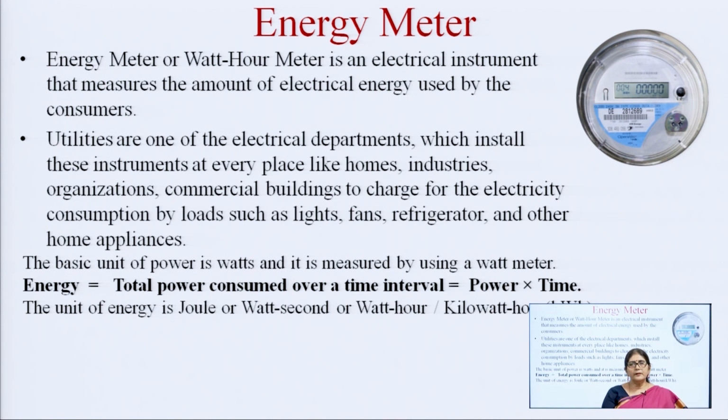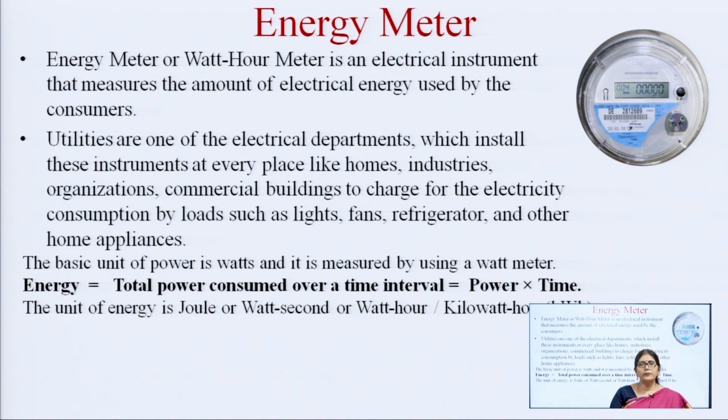The difference between the wattmeter and the energy meter is that in an energy meter, the energy is calculated from the total power consumed over the time interval, that is, power into time. In a wattmeter we are measuring power only, but when the power is integrated over a time period, that is the function of the energy meter.